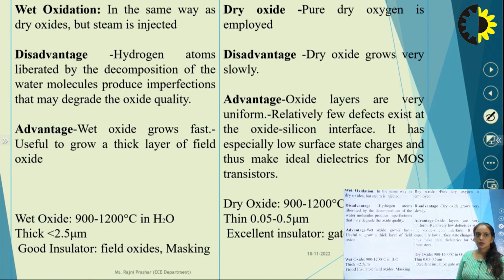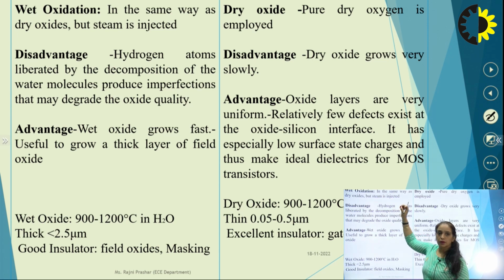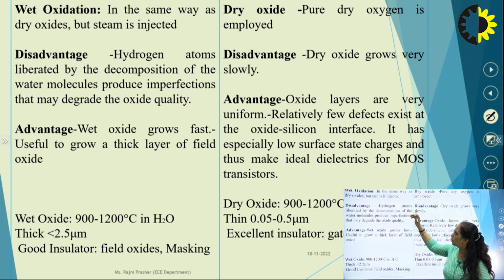Okay. Some advantages and disadvantages, and the difference between the two: in wet oxidation, a stream of water molecules is passed inside the chamber, and the water molecules react with the silicon to form silicon dioxide. Whereas in dry oxidation, pure dry oxygen is required to form silicon dioxide.